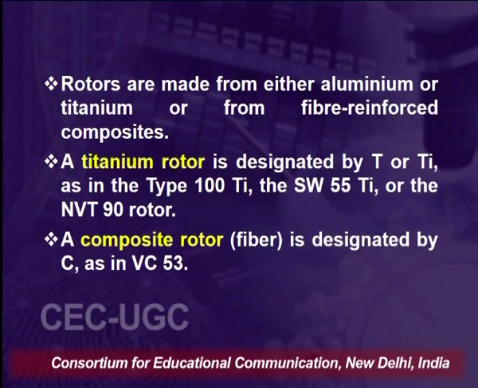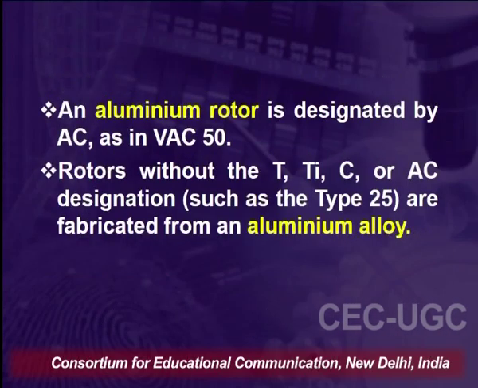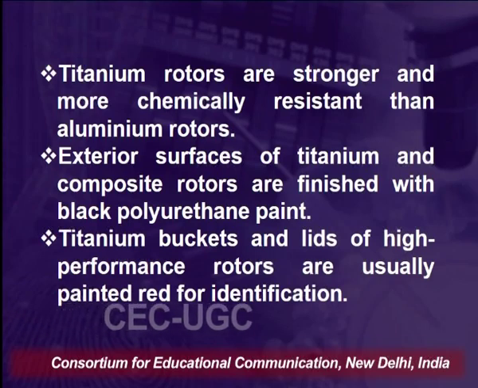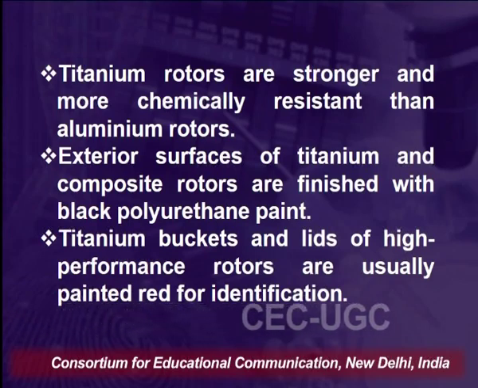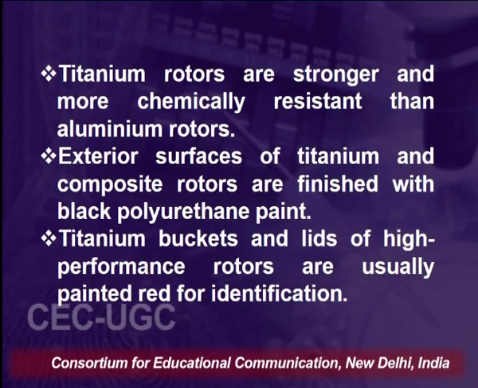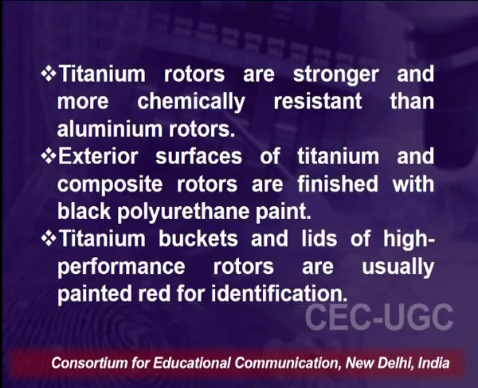The different types of rotors can be made with pure aluminum or an alloy. Titanium rotors are stronger and more chemically resistant than aluminum rotors, but they are quite expensive. These buckets and lids are high performance rotors and they are usually painted red for identification.